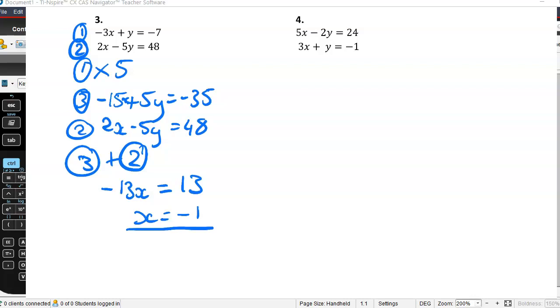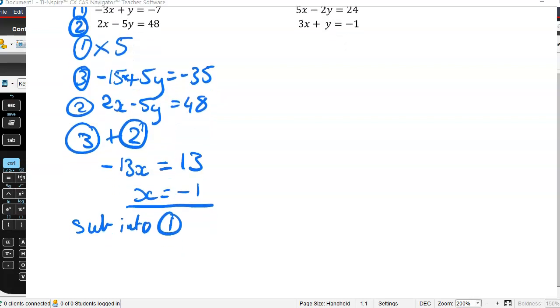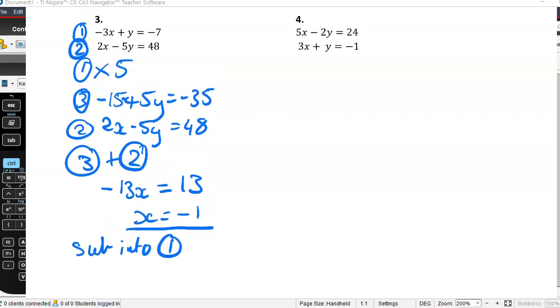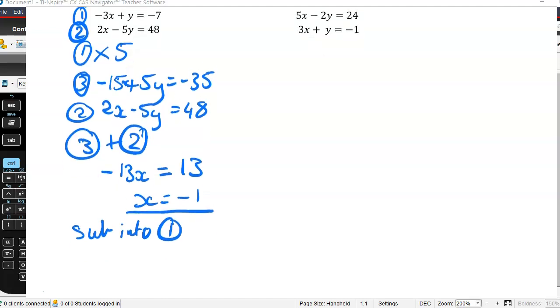And for ease, again, I'm going to sub into equation 1. I can sub into anything I like. And here I'm using equation 1 because with the y, there are less things I have to do.